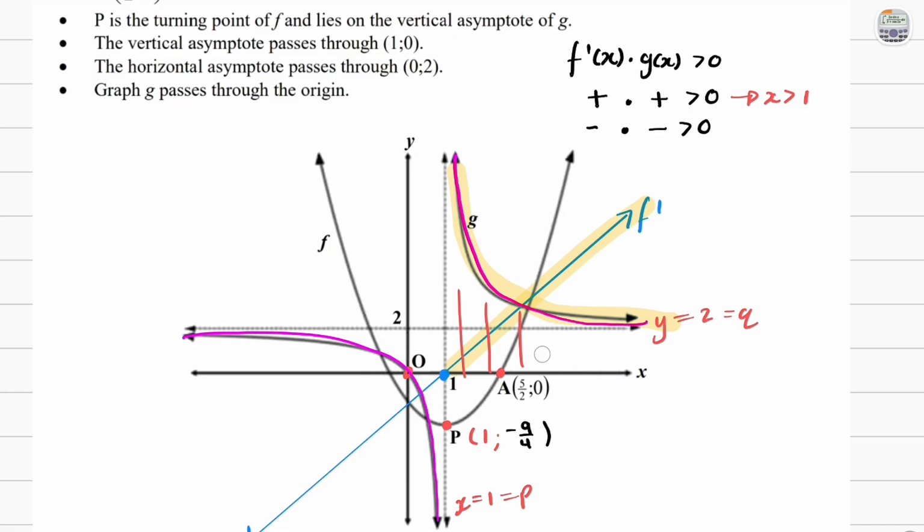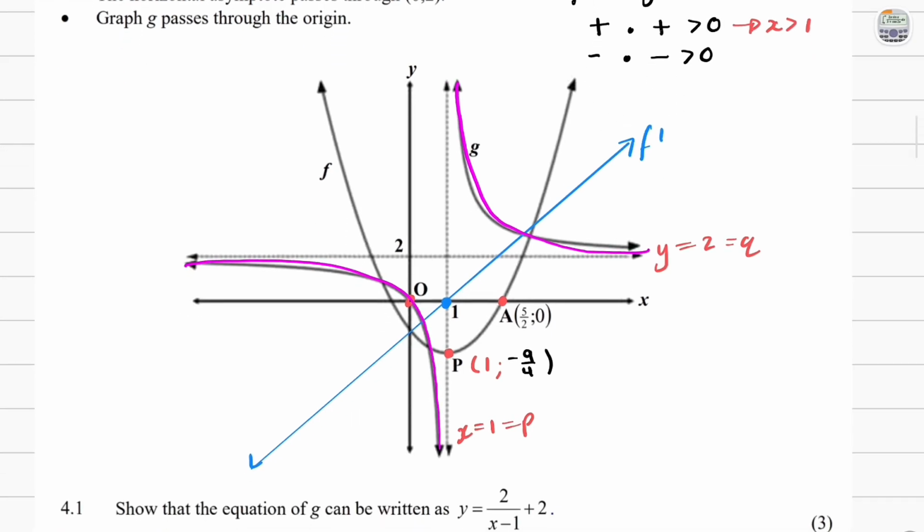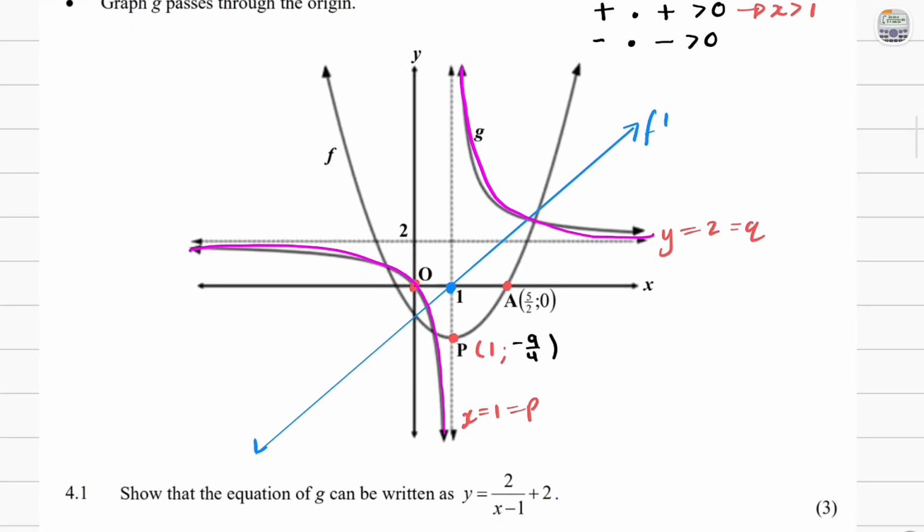Do you see anywhere else where both graphs lie above the x-axis? No. So now we have to consider where they lie below the x-axis. Where are they both below the x-axis? Over here. And where does that start?